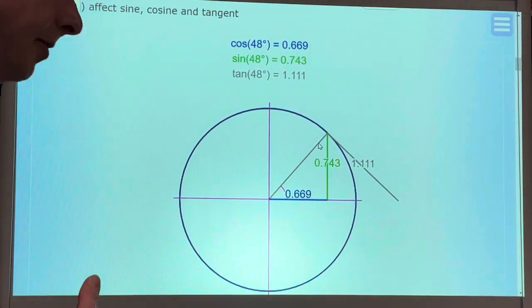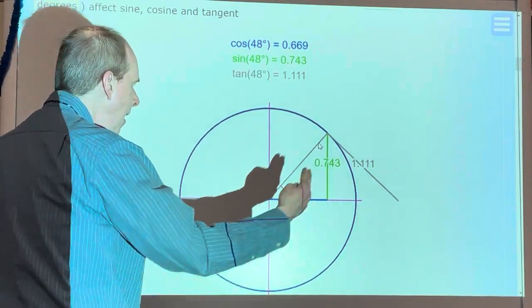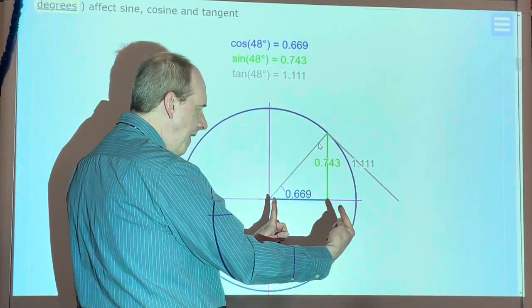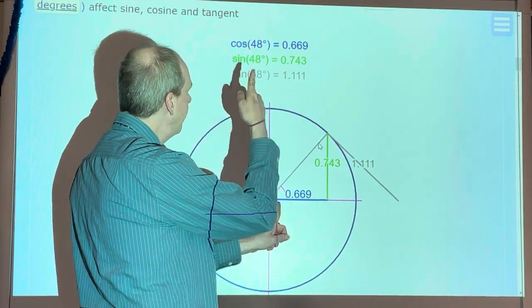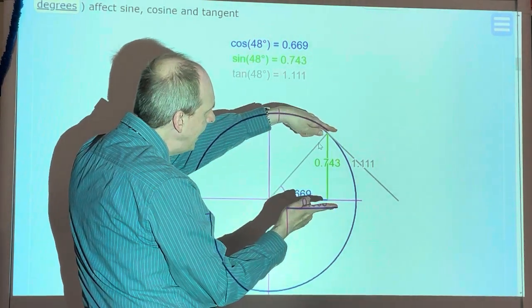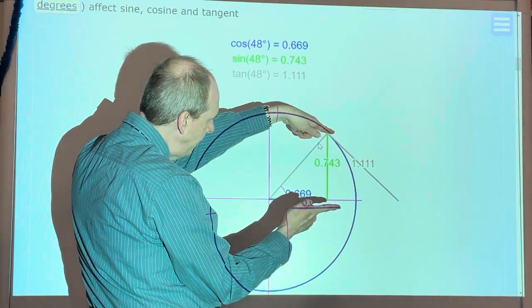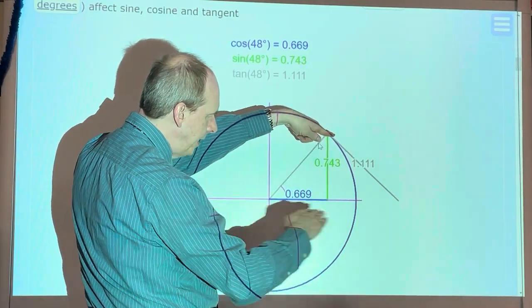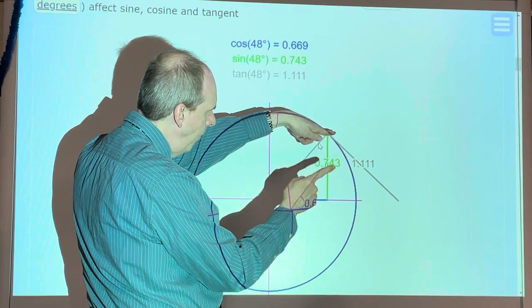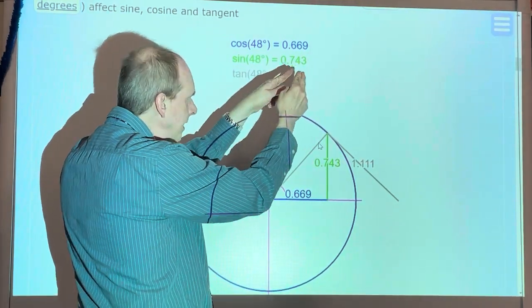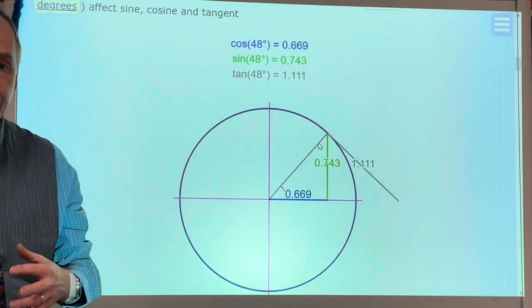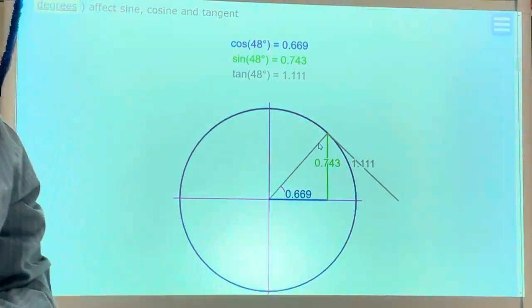So what this is trying to tell you is that if you have a right triangle, that width, which is our x value, is going to be the cosine. The height, which is the y value, right? Y's go this way, x's go this way. The height, the y value, 0.743 for that angle, 48 degrees, is sine equal to 0.743.